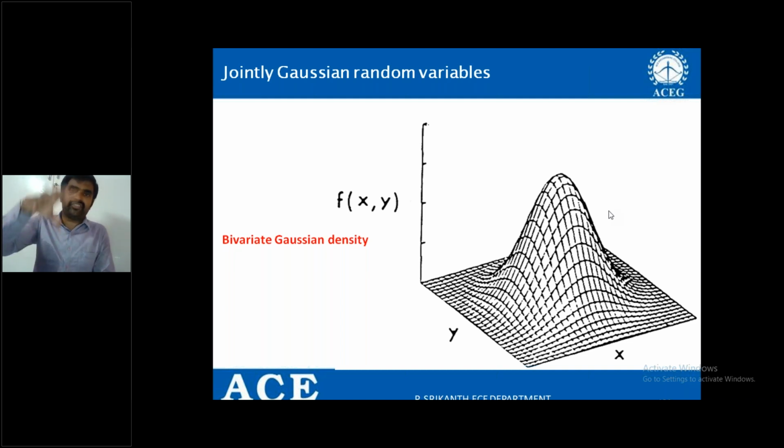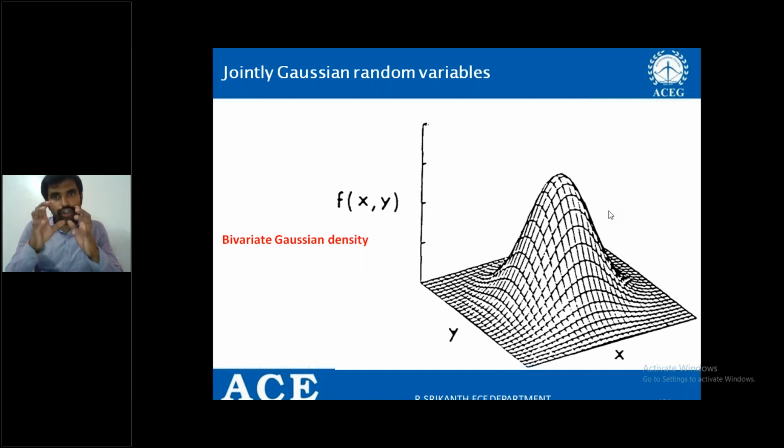This type of picture can be seen by simulating the density function equation in the MATLAB environment. Not only MATLAB, you can use any simulation environment. I'm just giving an example, because you have the basic simulation laboratory in this semester, and there you can try it with MATLAB. You can generate the graphical representation of the Gaussian density function for two random variables and see this type of picture, right?